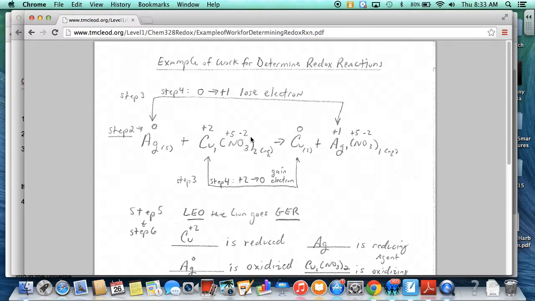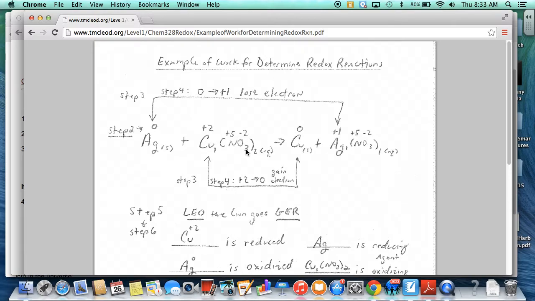What we've got are those special cases of ionic compounds with polyatomic ions in them. So to figure this out, I would break it up into ions. I know this is copper 2 plus, so it's plus 2. Silver is 1 plus. Then for the nitrate, I see that oxygen is more electronegative than nitrogen, so it's minus 2.